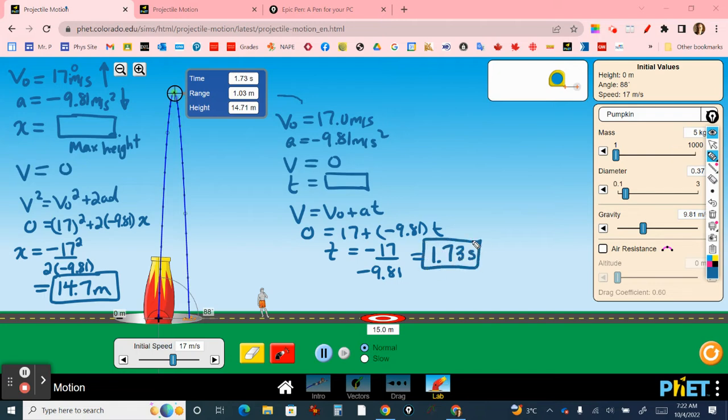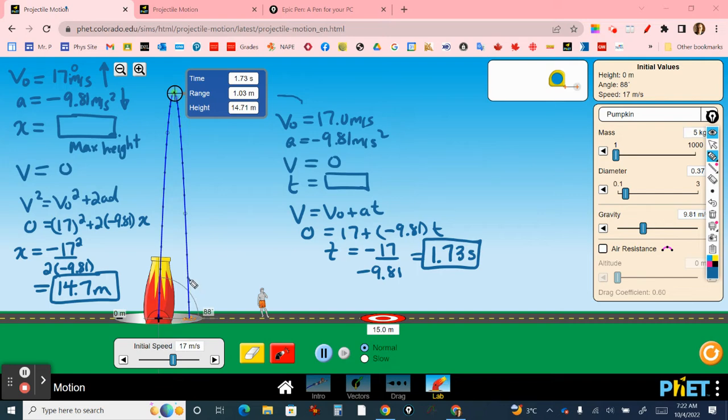The other thing that was mentioned in class is that the speed at impact is 17 meters per second. So you've got a velocity of 17 meters per second up, and when it lands, it has the exact same speed, assuming that there's no air resistance and it's not losing any energy. We're back to the same level.